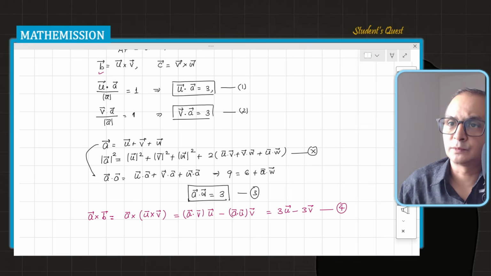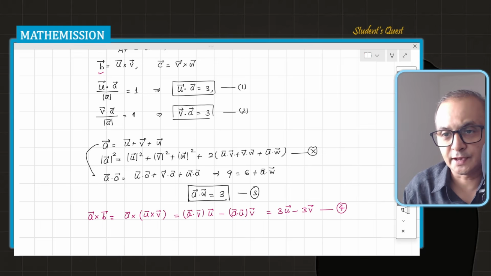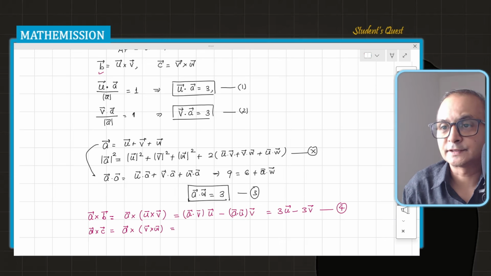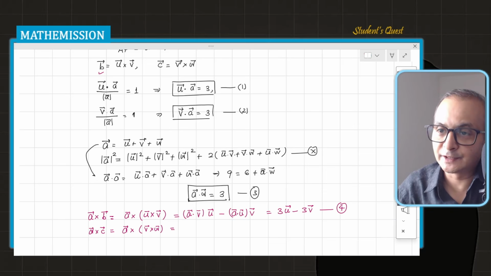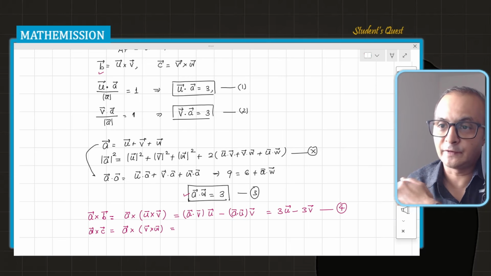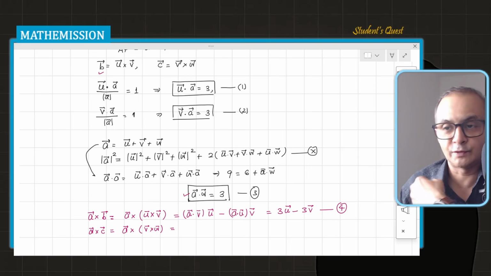Can we do one more time with C? Yes, we can. So let's do A cross C. So A cross C is again A cross, this time V cross W. And why we are doing so: now you see this is the useful information, A dot W. And here actually A dot W I identified eventually. I was not aware of whether it is useful or not.